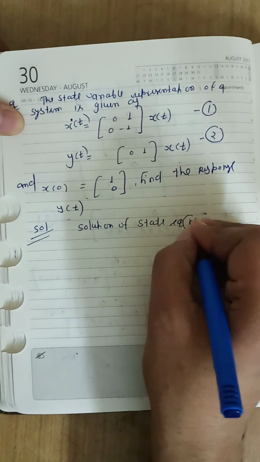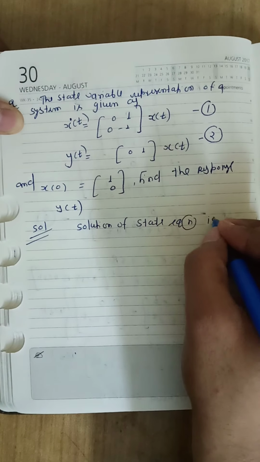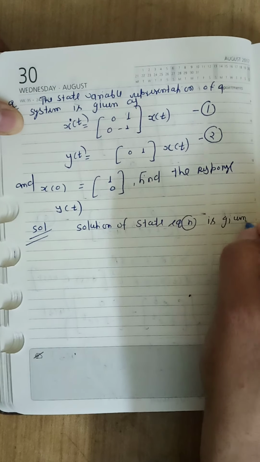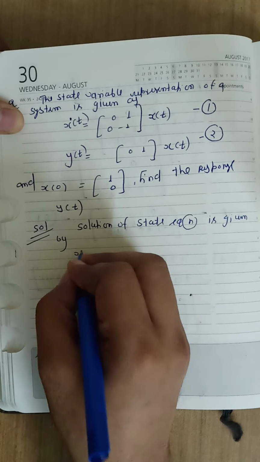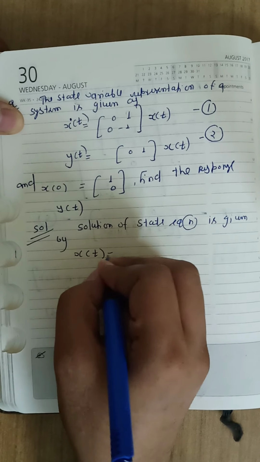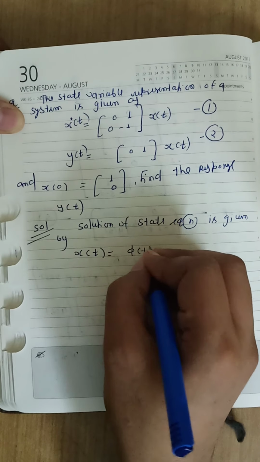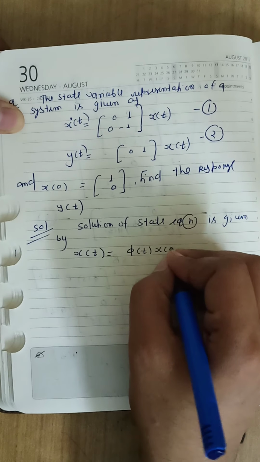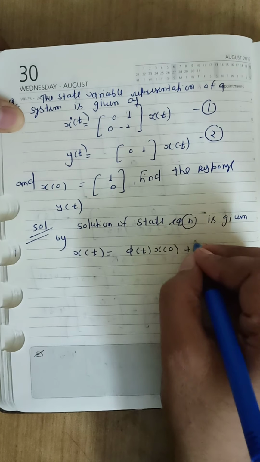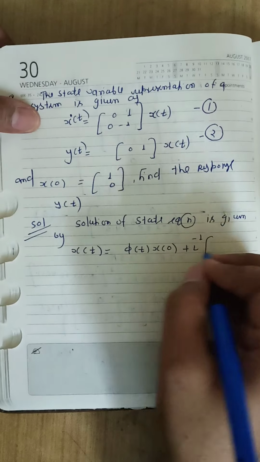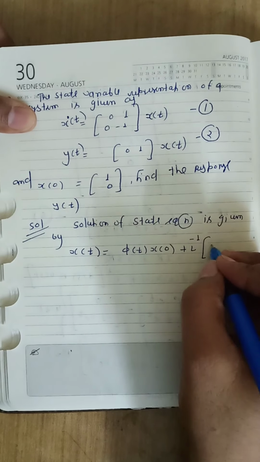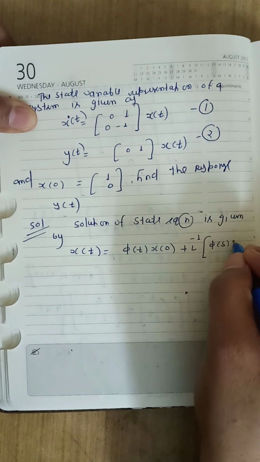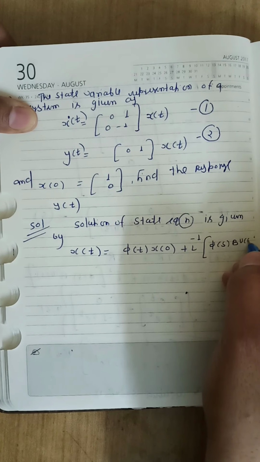The solution of state equation is given by x of t equal to phi of t x of 0 plus inverse Laplace of phi of s B U of s.